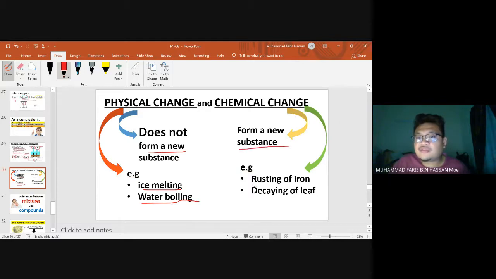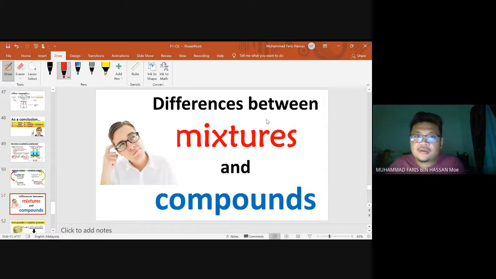For example, rusting of iron, and then decaying of leaf. Rusting, or proses pengaratan. From a metal, it will form a metal oxide. Actually, it forms a new substance, not the same substance as before the chemical process.